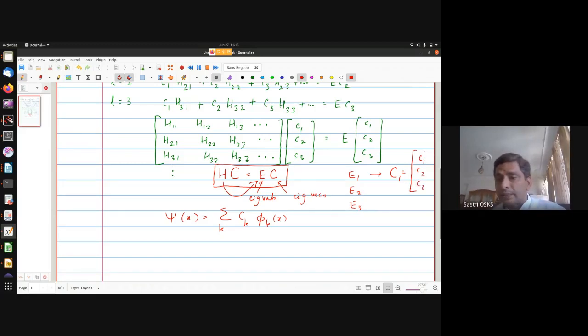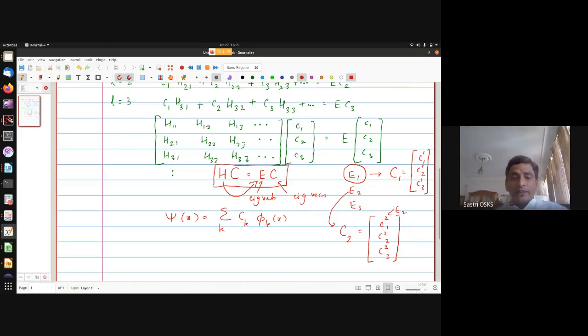So we'll put a C11. This is the eigenvector corresponding to E1. So for example, what will be the eigenvector corresponding to E2? I can call it C2. It will be again 3 values, C1, C2, C3. To just recognize that it is not the same, we put a 2 there. This is corresponding to eigenvalue E2.